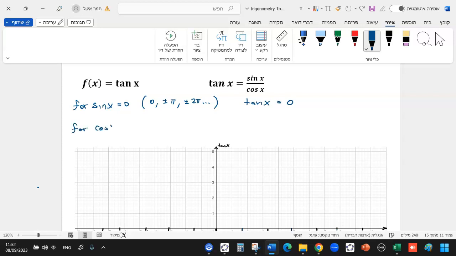For cosine x equals 0, that's for plus minus pi over 2, plus or minus 3 pi over 2 and so on. We will have sine x over 0, that's division by 0. And on the graph, we will have a vertical asymptote.